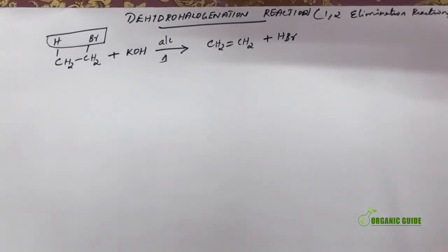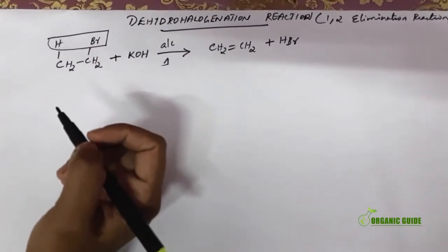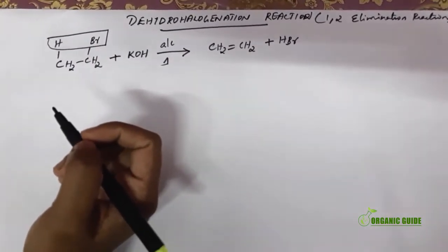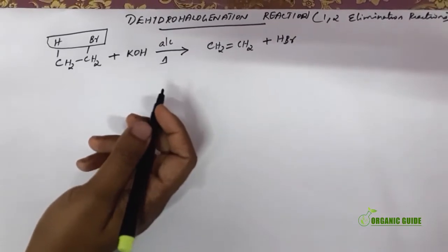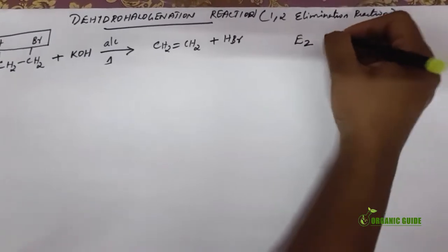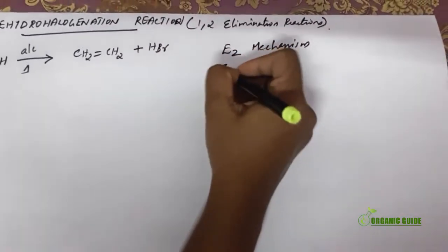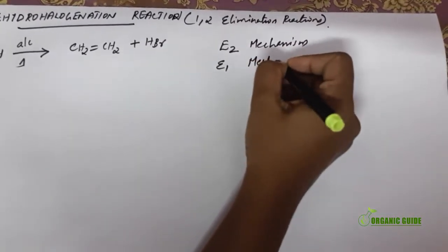Dehydrohalogenation reaction involves the elimination of a halogen atom and a hydrogen atom, and they are classified into two mechanisms, E2 mechanism as well as E1 mechanism.